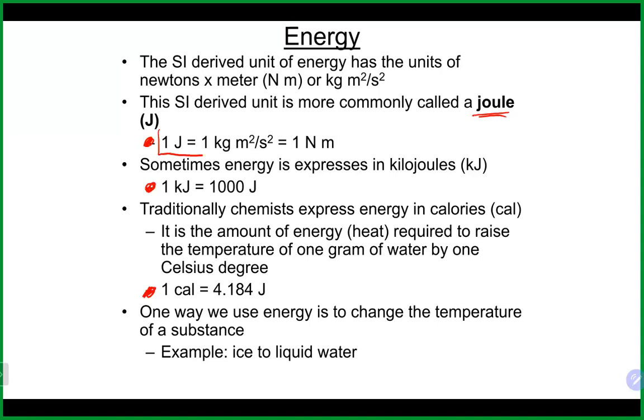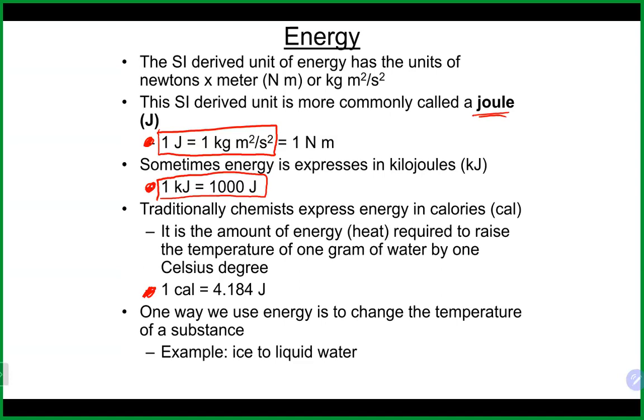This relationship is very helpful, although we may not see it very much here. As you continue in chemistry, you will see this relationship in a number of different places. 1 joule is equal to 1 kilogram meter squared per second squared. That's something you should know. Definitely, 1,000 joules is 1 kilojoule, which is something you should know, as that is used a lot.